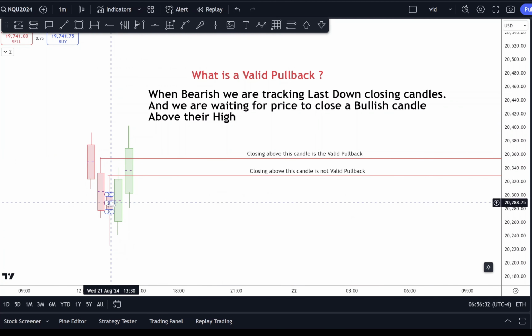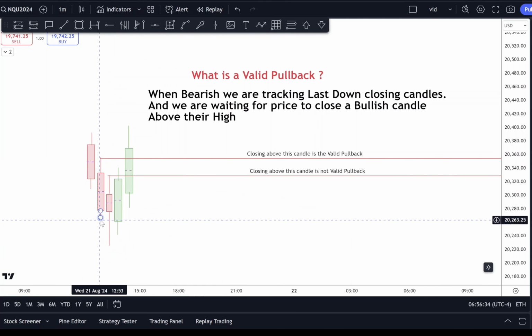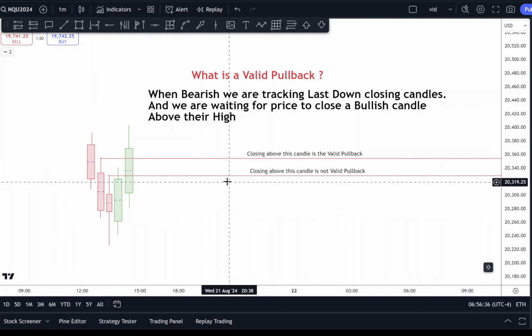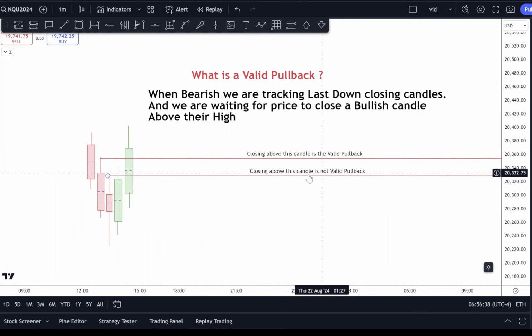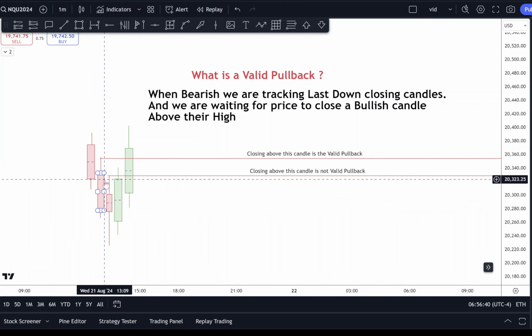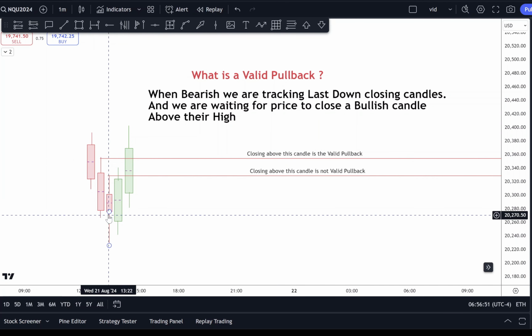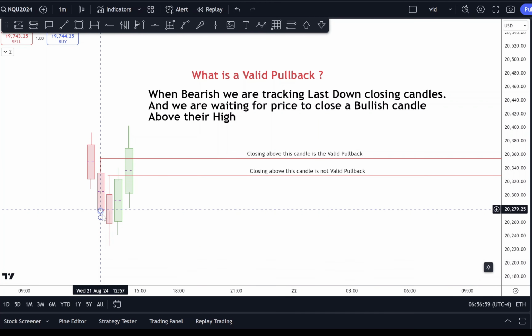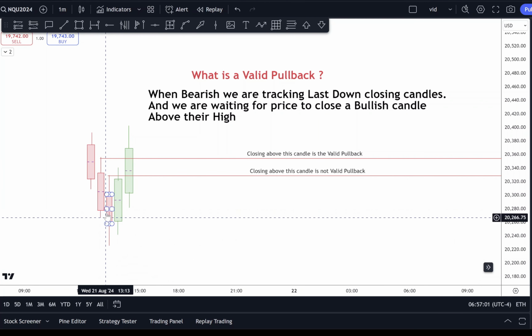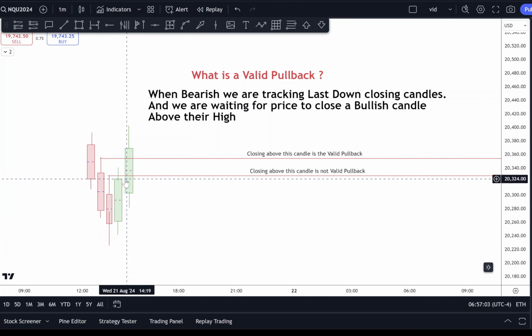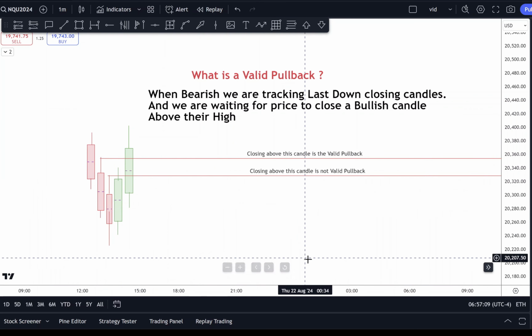Why? Because this one never closed under this wick, right? So closing above this candle here is not a valid pullback, but we still wait for price to close above this candle. So if this candle closed under this one and also did the low, now a close above this candle will be valid. So the concept is this simple.